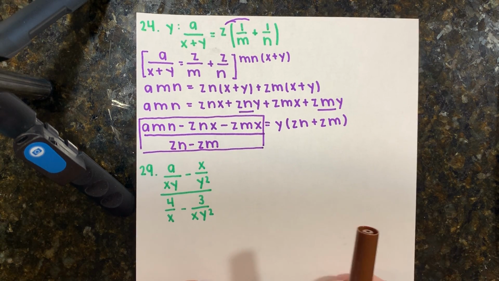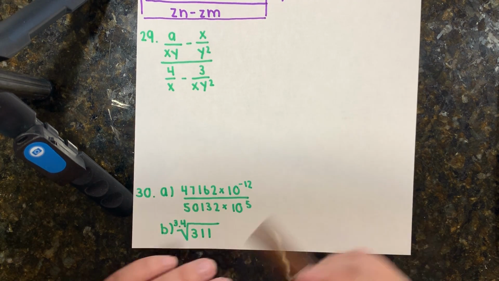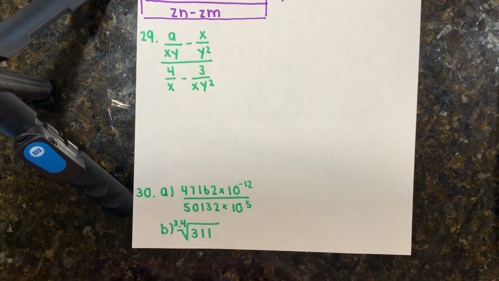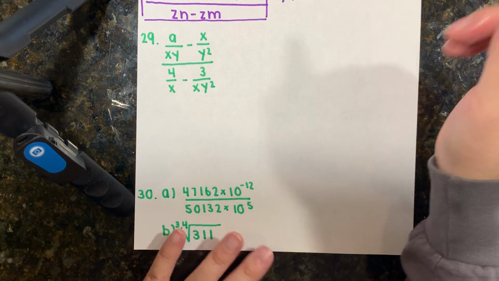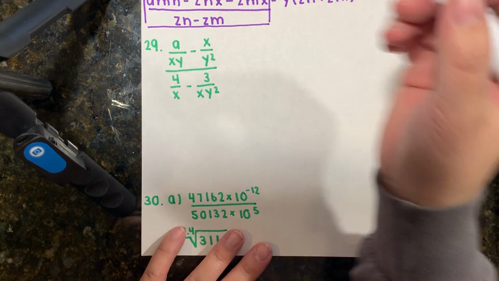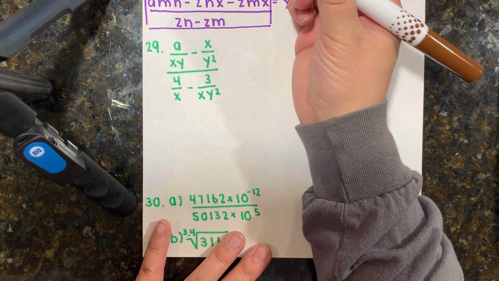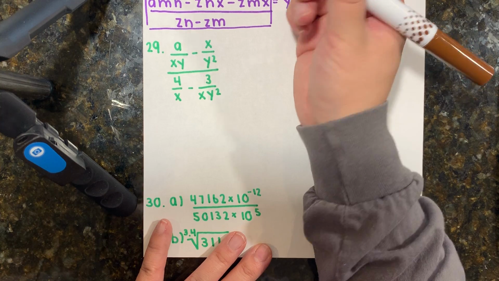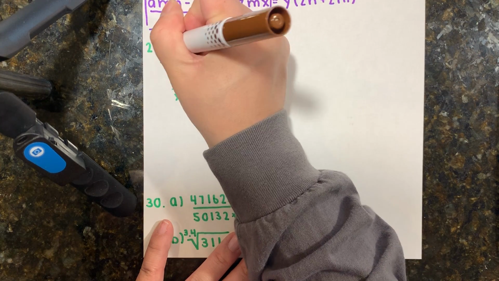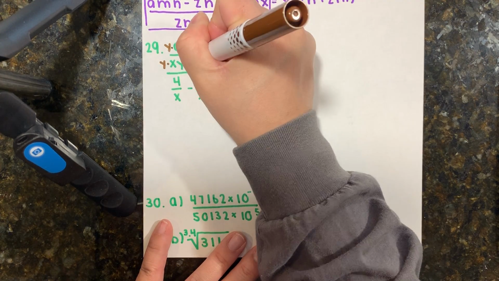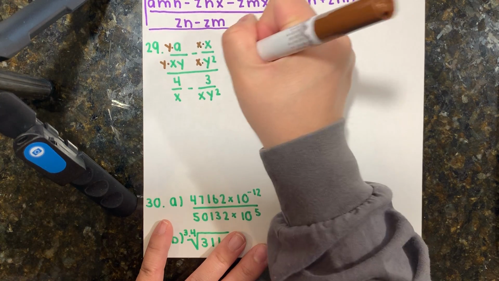So now moving on, we're going to look at number 29. For number 29, what we need to do in the numerator and denominator is add those fractions together by making a common denominator. In the top one, the common denominator is going to be xy squared. So I need to multiply this first fraction by y, second fraction by x.